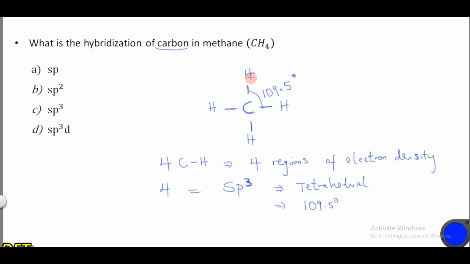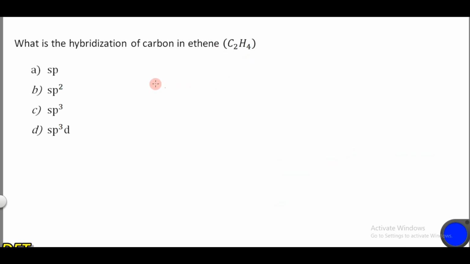Let's look at another example for more understanding. What is the hybridization of carbon in ethene? Ethene has a pi bond between the two carbons. So this is ethene: we have hydrogen here, hydrogen here, hydrogen here, and hydrogen here.